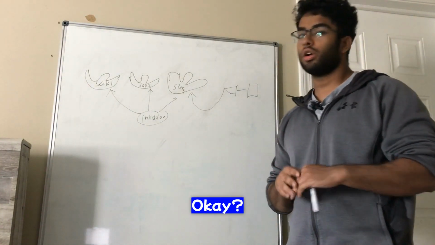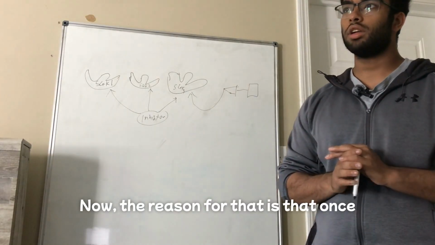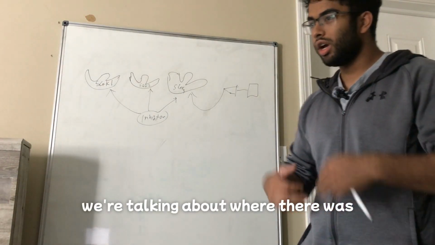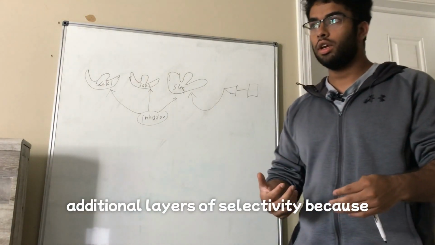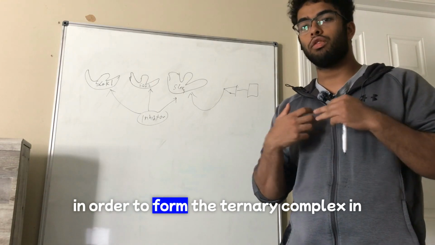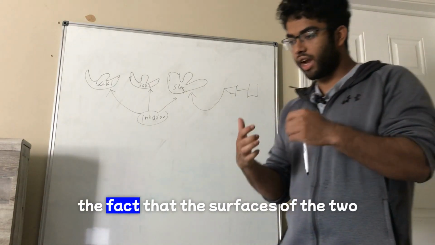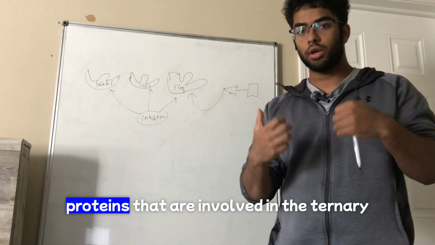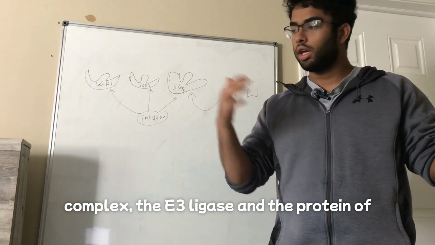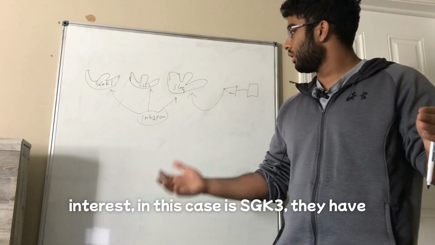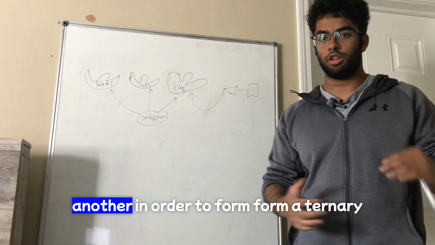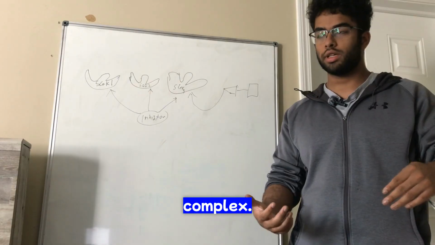SGK3. Okay? Now, the reason for that is that, once again, this ties back to that last idea we were talking about, where there were additional layers of selectivity, because there is an inherent need for selectivity in order to form the ternary complex, in that the surfaces of the two proteins involved in the ternary complex, the E3 ligase and the protein of interest, in this case SGK3, have to have favorable interactions with one another in order to form a ternary complex.